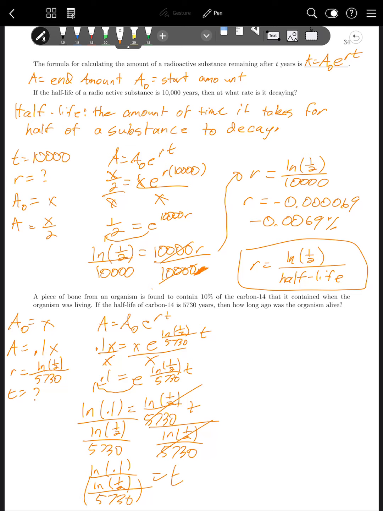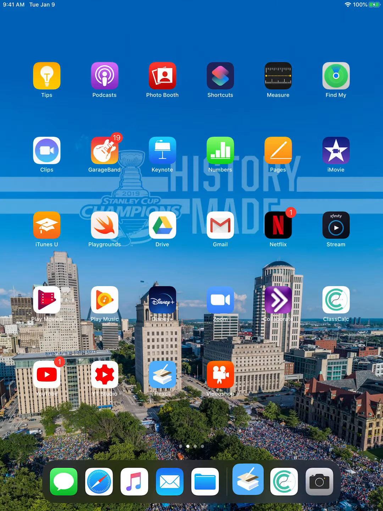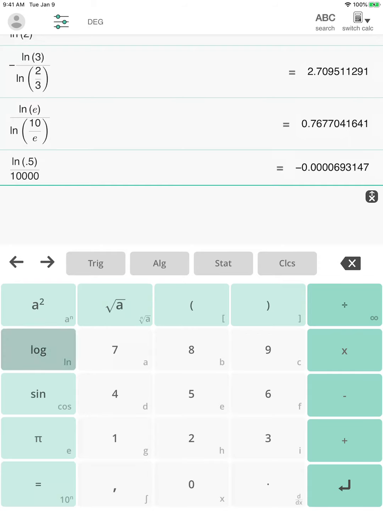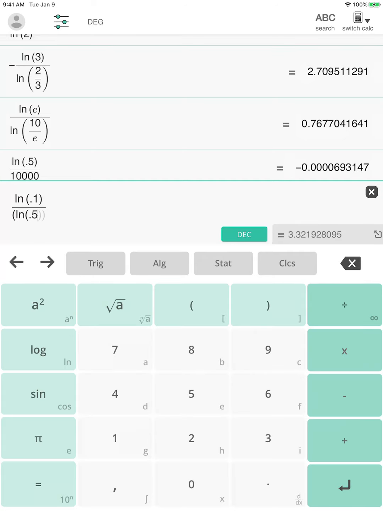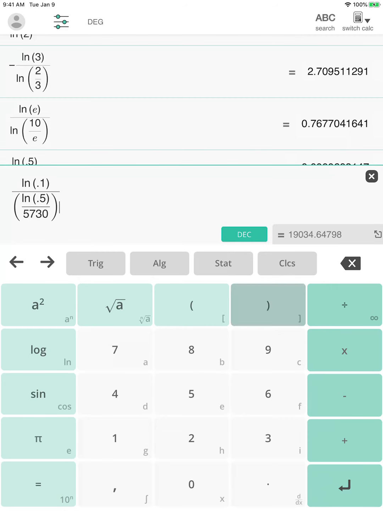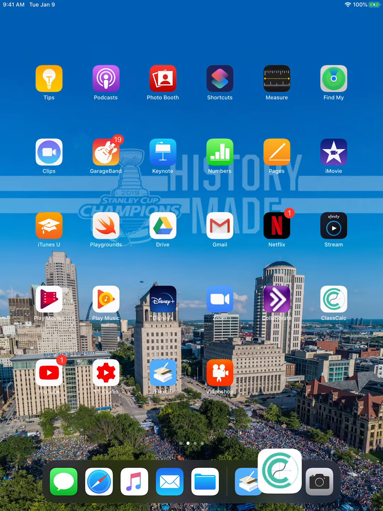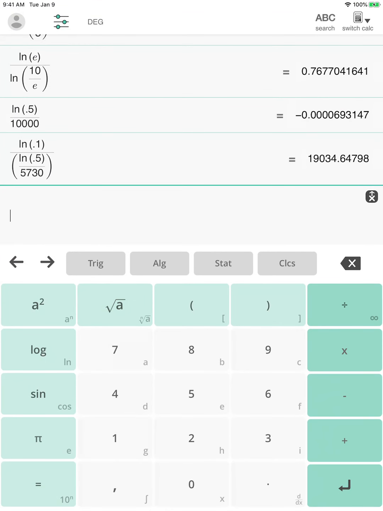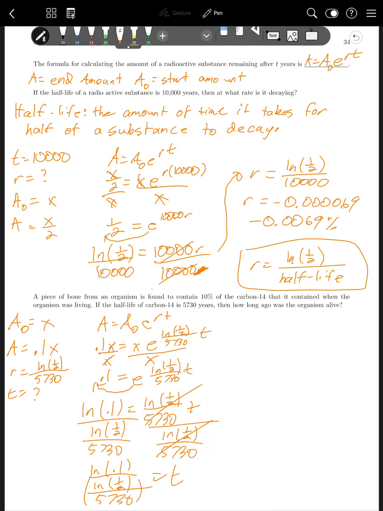And so when we go to the calculator, we need to write it exactly like I wrote it there. So this would be the natural log of 0.1 divided by the natural log of 0.5, or 1/2, divided by 5,730. And we hit enter and we get 19,034.645 years. So let's call that 19,035 years.